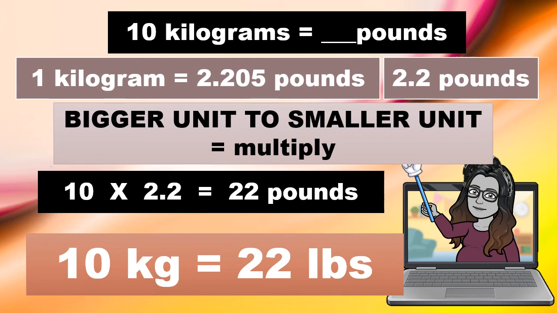So, kilograms to pounds, bigger unit to smaller unit. Yes, we are going to multiply. So 10 times 2.2 is equivalent to 22. For our final answer, 10 kilograms is equivalent to 22 pounds.